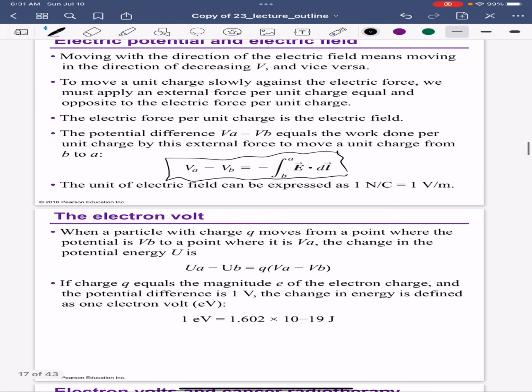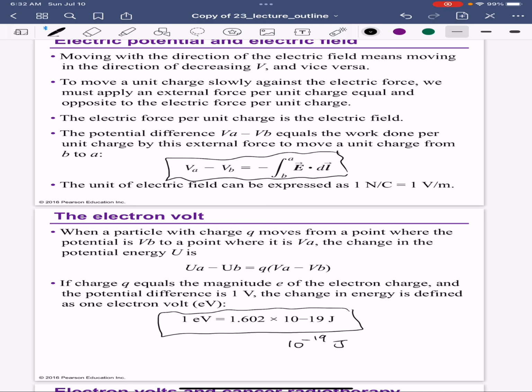Now, we can introduce new units for energy that are more convenient than the joule, and one of them is the electron volt. The electron volt equals 1.602 times 10 to the negative 19 joules.